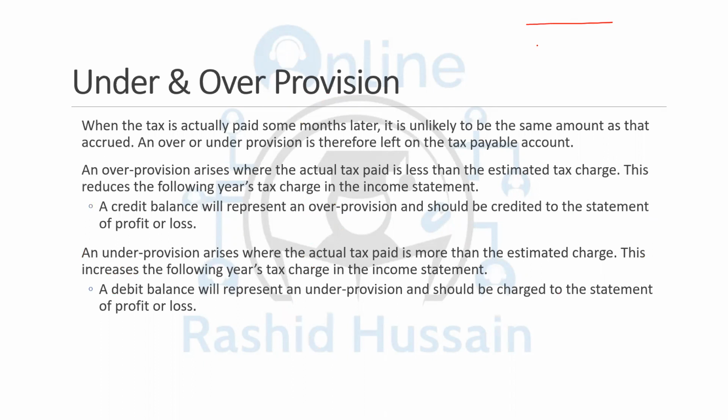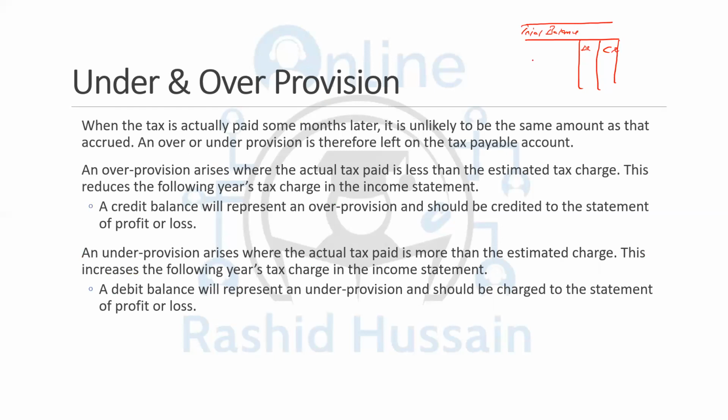So in the exam, the examiner is going to give you a trial balance, in the final account question or in the objective test case question. And we know the trial balance has two sides, the debit side and the credit side.